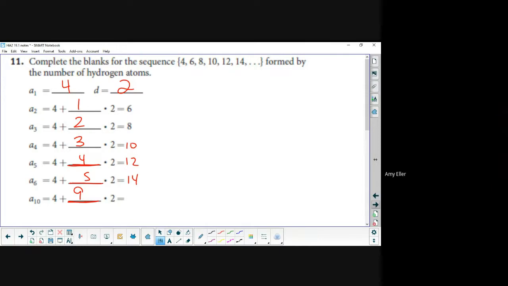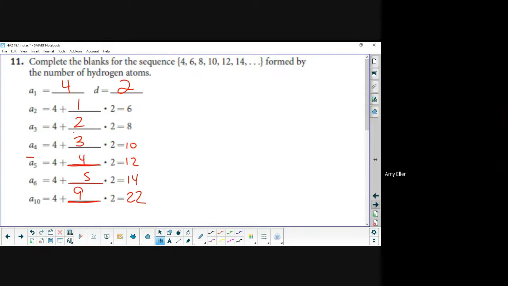For every term, whatever it is, a sub 3, I add the difference 2 times. A sub 4, I added the difference 1 less time because I didn't have to do it to get the first term. So we can calculate that. 9 times 2 is 18. 19, 21, 22.